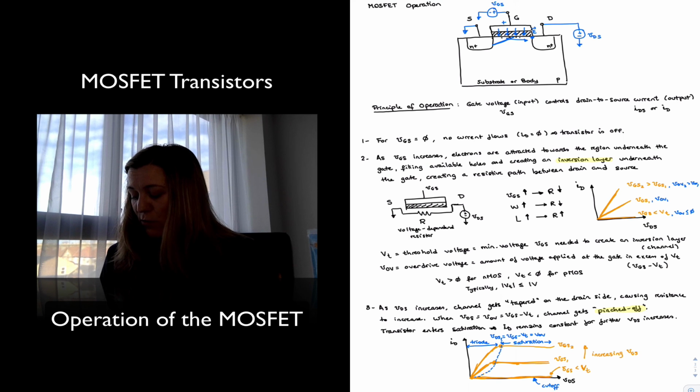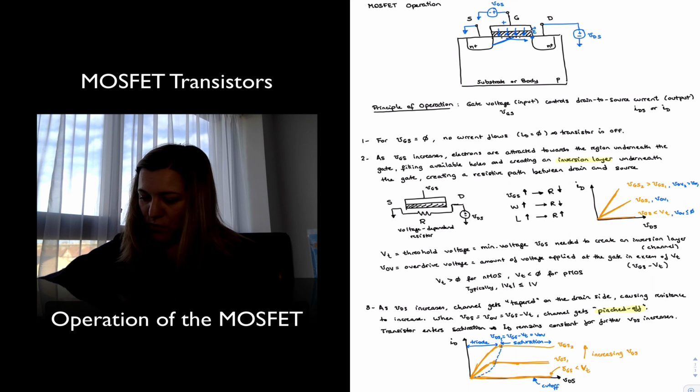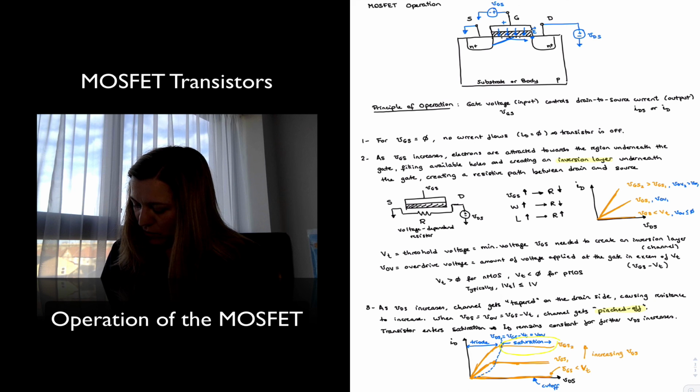So the gate voltage, or the overdrive voltage applied at the gate, is going to determine the value of my output current. So I'm going to be interested in this region of operation.